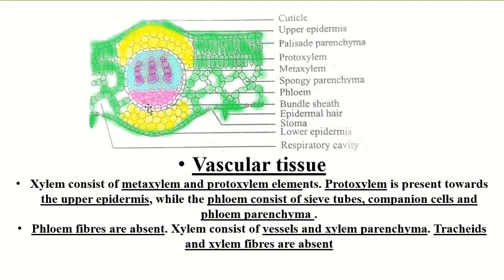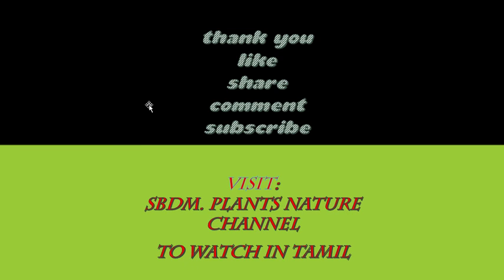Already we discussed xylem and phloem. Do check the description box to find the link for those videos also. Here phloem fiber is absent. Xylem has vessels and xylem parenchyma. Tracheids and xylem fibers are absent. So this is about the structure of dicot leaf. Thank you so much for watching.